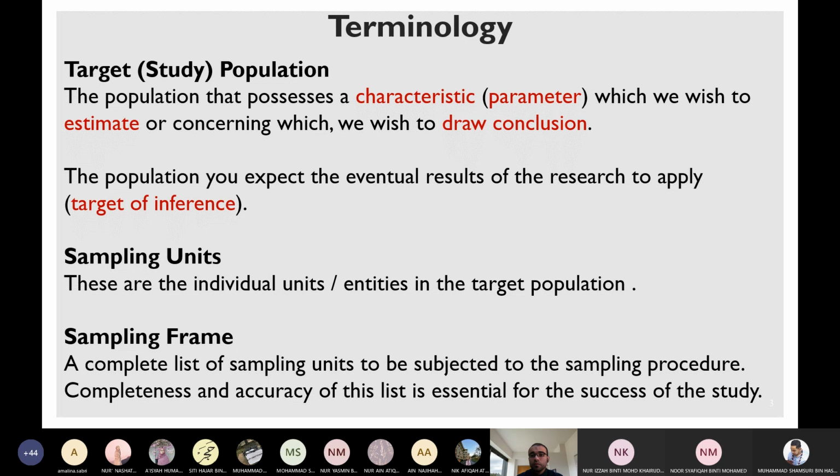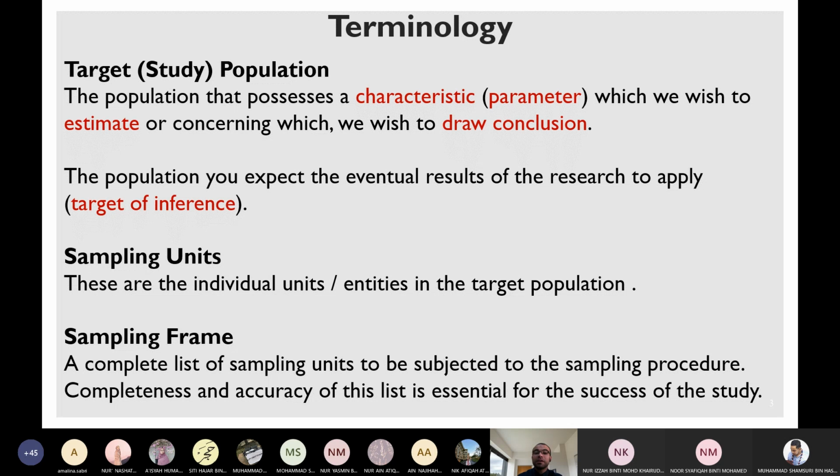In the ideal scenario, if we do very excellent sampling that really represents the population, the findings or results of our research can be applied, or what we call inferred, to this population.